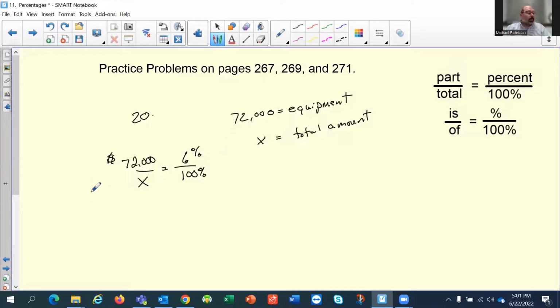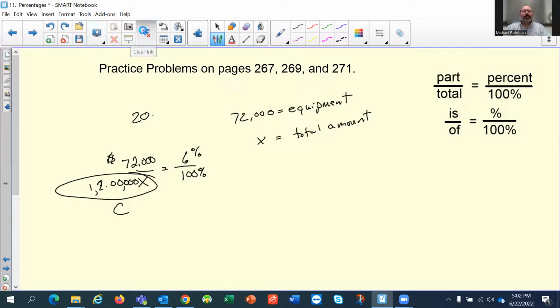I get 1,2,0,0,0,0 for X. Oops, I got my comma in the wrong place. Bad me. Okay, 1, 2, 3, comma, 1, 2, 3, comma. That is $1,200,000. So that would be letter C, is what you're looking for.